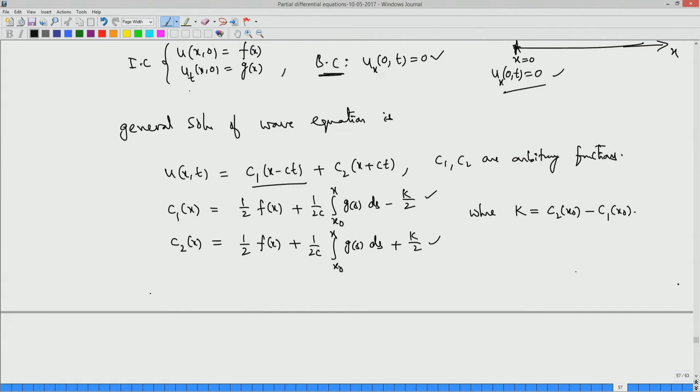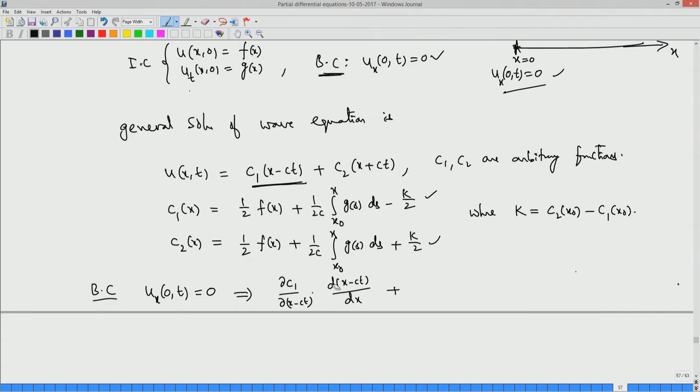So, u_x at 0,t equal to 0, the boundary condition, implies c1 dash of minus ct. How do I do this one? This function c1 you have to differentiate with respect to x: it is like dou c1 by dou (x minus ct) into dou (x minus ct) divided by dou x, that is my dou c1 by dou x.